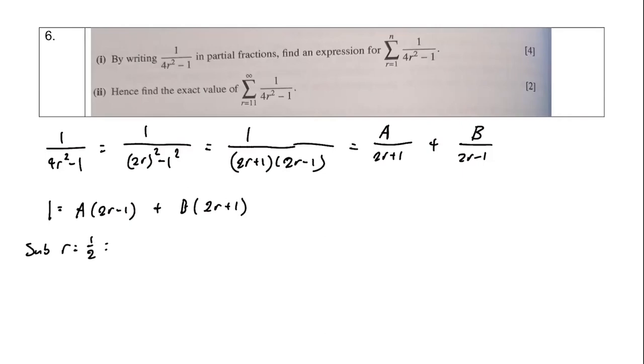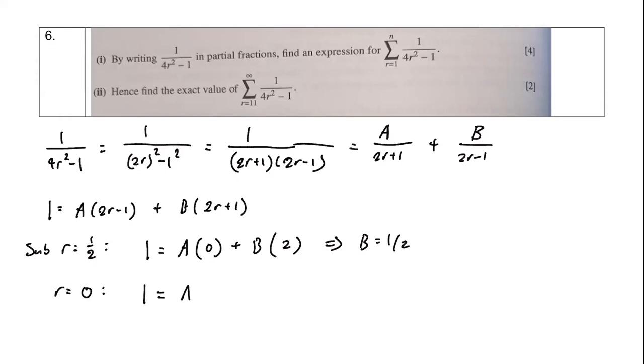Okay, so now we just have to sub in r with a good value. Let's say positive half. What do we get? 1 equals a times 2 times half is 1, 1 minus 1 is 0, plus b times 2 times half is 1, 1 plus 1 is 2, which means that 2b equals 1, so b equals half. Likewise, you can sub in r with, maybe negative half, but I think I will just sub in with 0 because we already solved for b. Any value of r will work now.